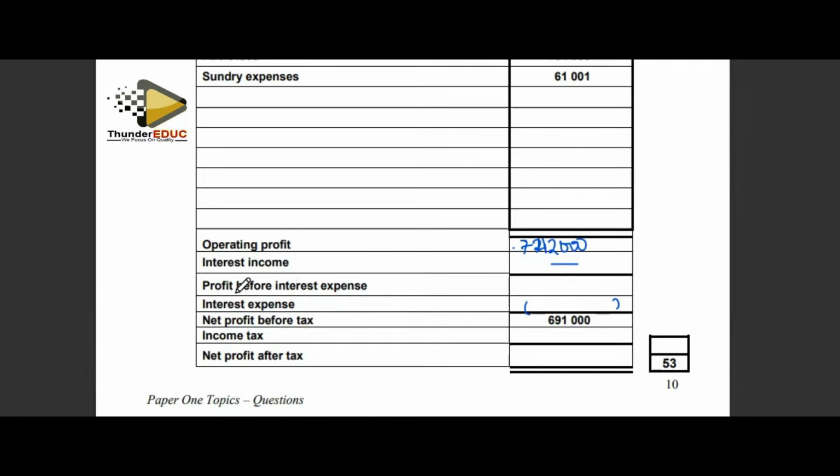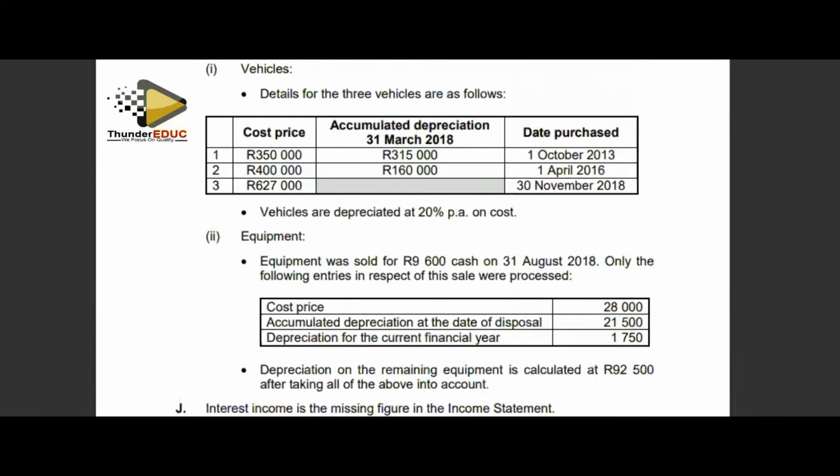Well, we have to determine the interest expense. Interest expense. That is interest on loan. Let's look for information on interest on loan. Interest on loan, yes, is capitalized. A fixed monthly repayment, including interest, of 24,000 here.